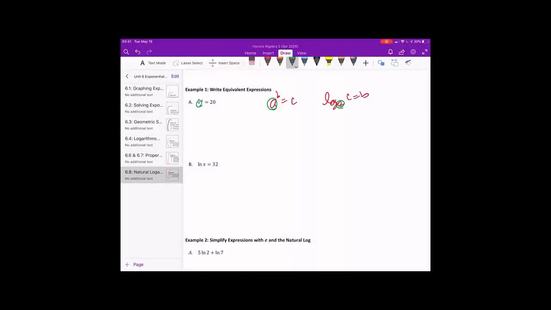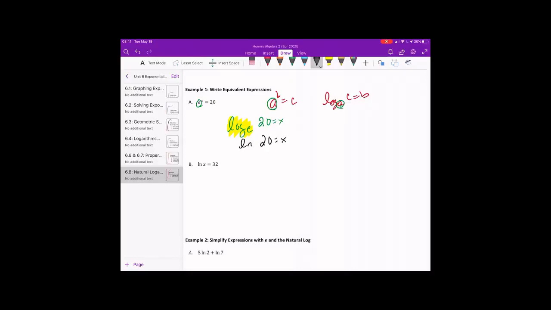All right, so how do we convert this over to a log? This would be log base e of 20 is equal to x. But remember that this log base e we can rewrite as the natural log of 20 is equal to x. So again, when we see log base e, we'll rewrite that as ln. Now, the natural log of x is equal to 32.